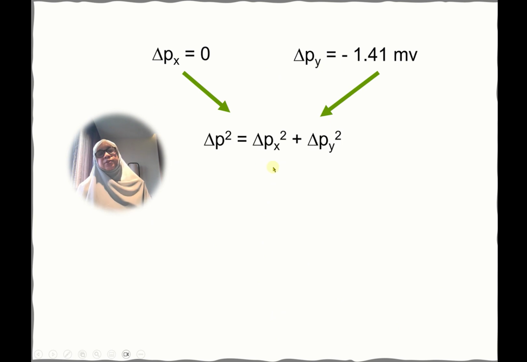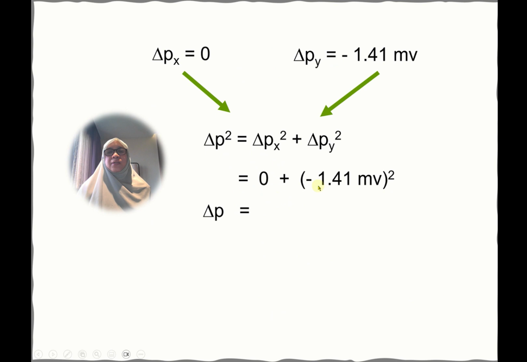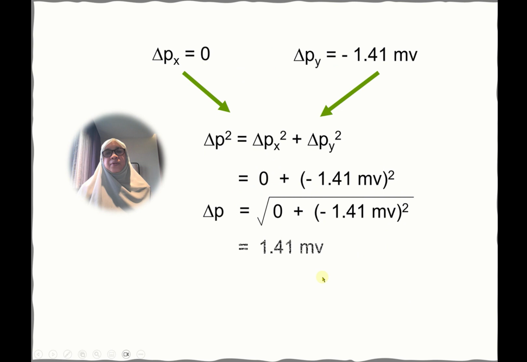So the change in momentum will be the square root of negative 1.41 mv, bracket squared, so we get 1.41 mv. This is the answer for the change in momentum, 1.41 mv.